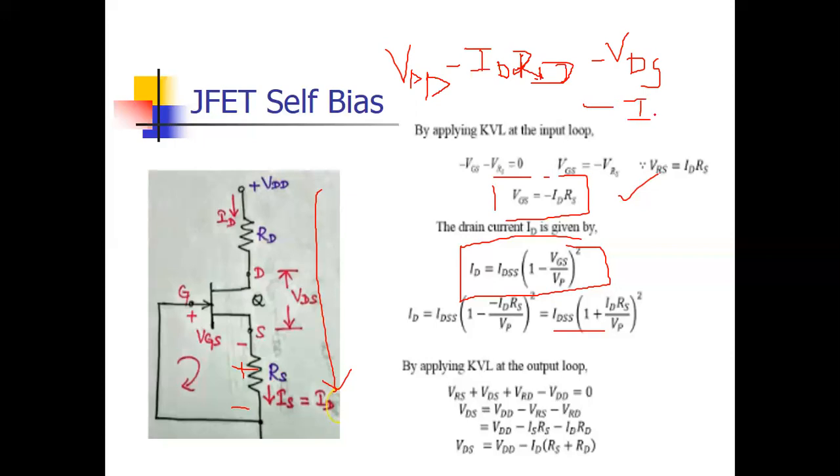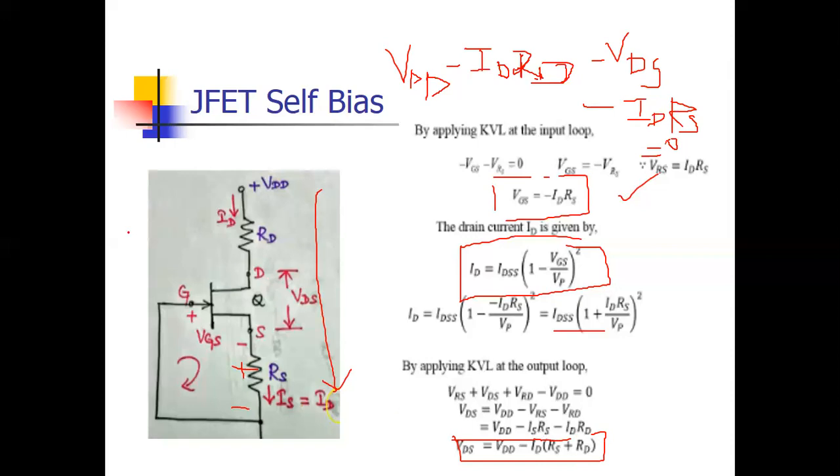So VDD minus ID RD minus VDS minus IS RS equals 0. You understood the concept of output current. From this equation, your VDS will be VDD minus ID in bracket RS plus RD.